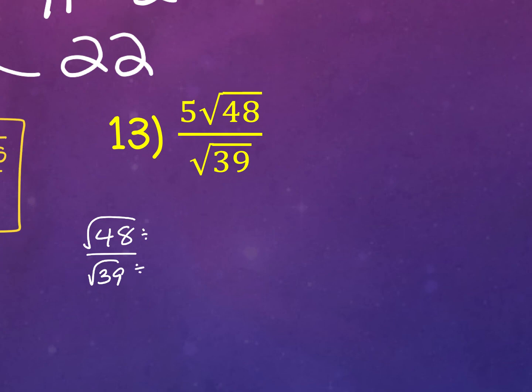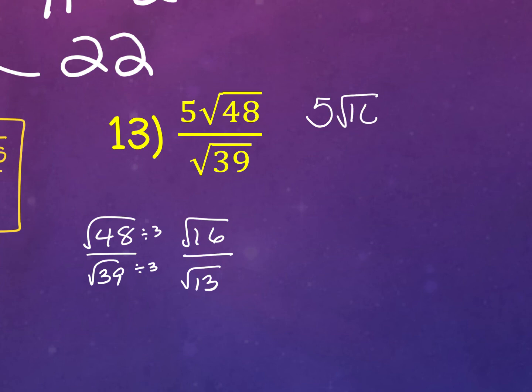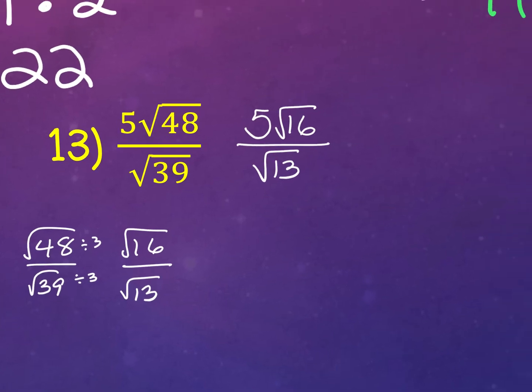So once I divide them by 3, this now gives me the square root of 16 over the square root of 13. So now, if I put it back up here, I now have 5 square root 16 over square root 13. Notice the 16 is a perfect square. I can square root it, and now it becomes 5 times 4 over square root 13.